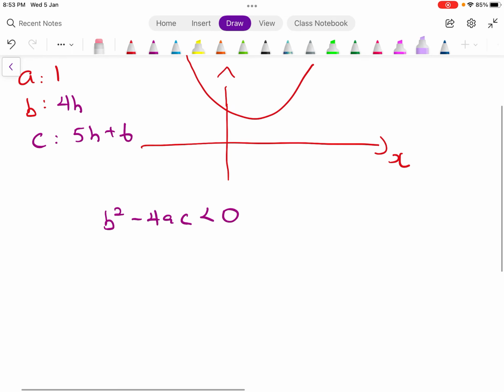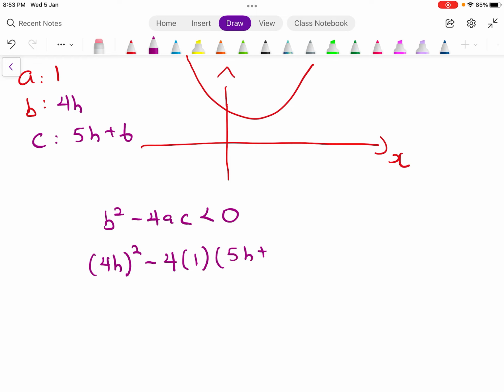So b squared is what? You just put in (4h) squared, minus 4, then a is 1, then c is (5h plus 6), then put the inequality sign. Always remember, the objective of this question is to form an inequality regarding h, because they say find the range of values of h, not the range of values of x.